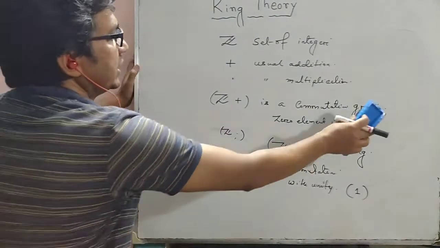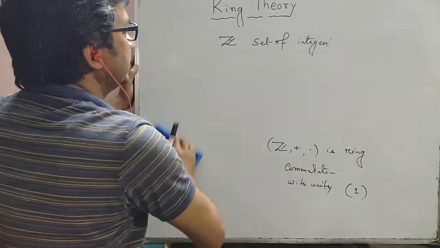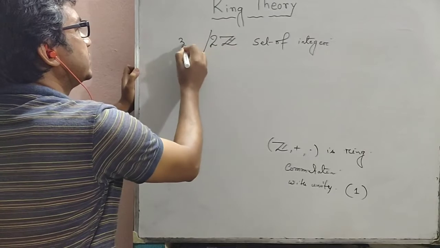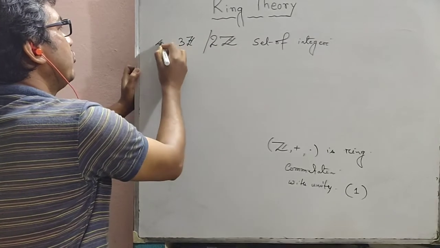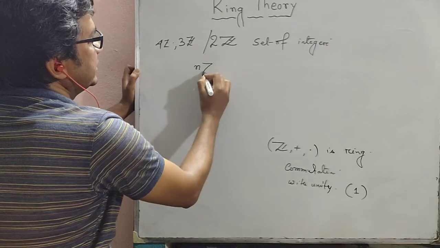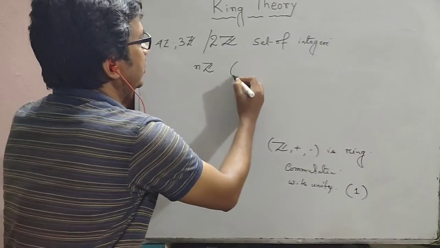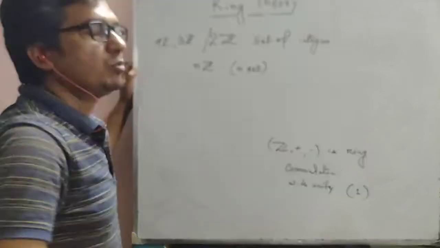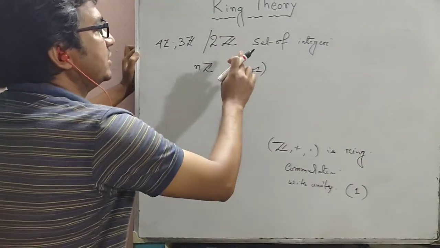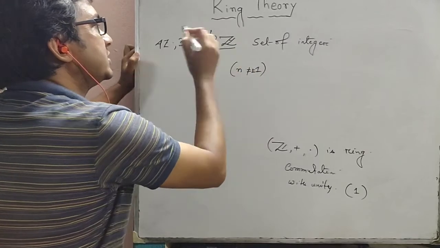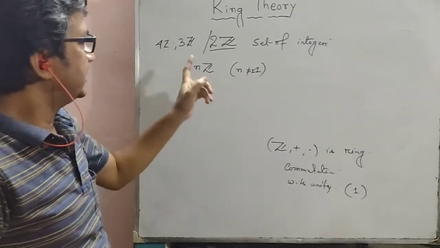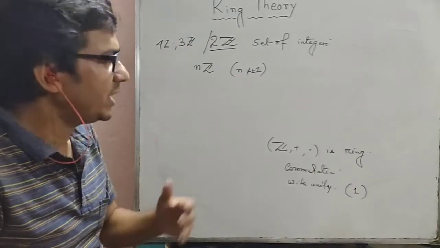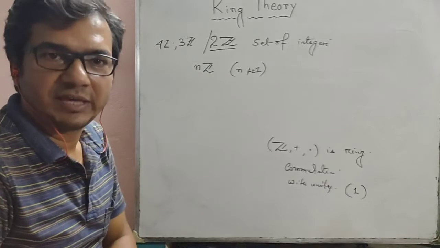But if we consider 2Z or 3Z or 4Z, that is nZ, n not equal to plus minus 1, then this is the set of even integers, this is the set of integers which are multiples of 3, and this is the set of integers which are multiples of n.